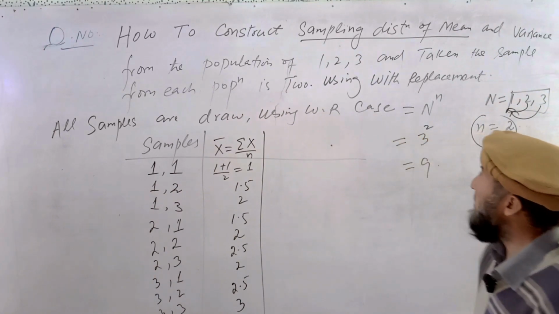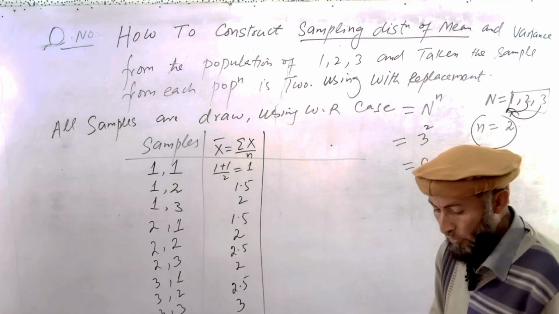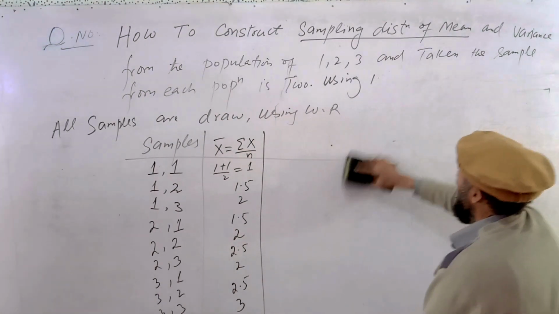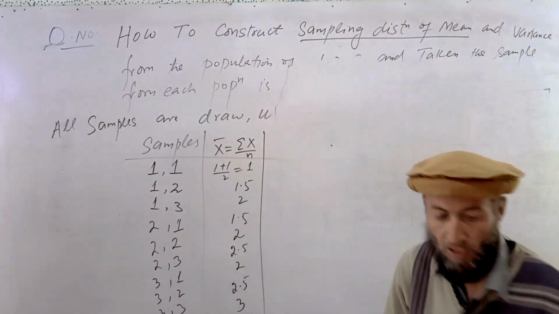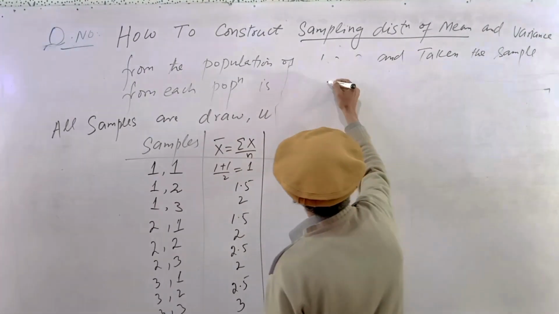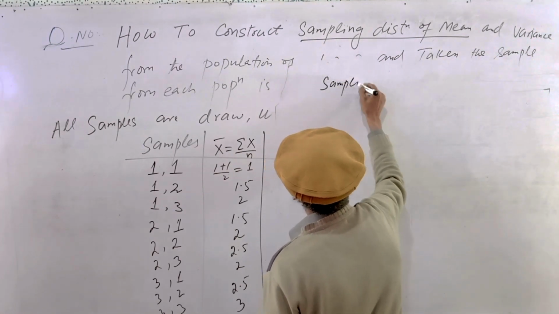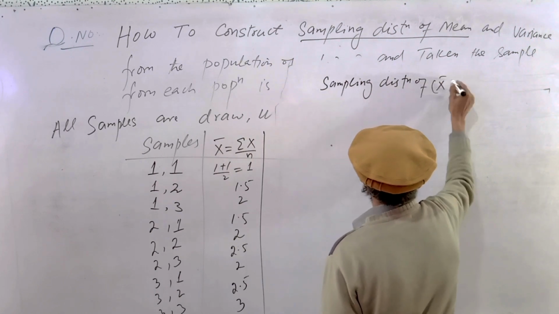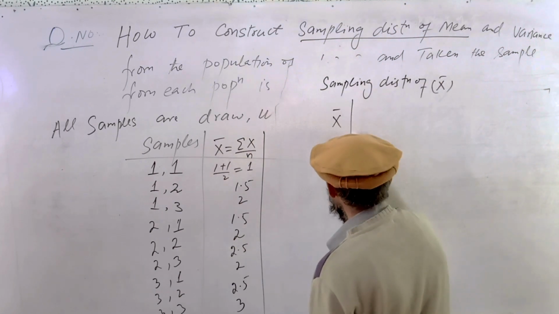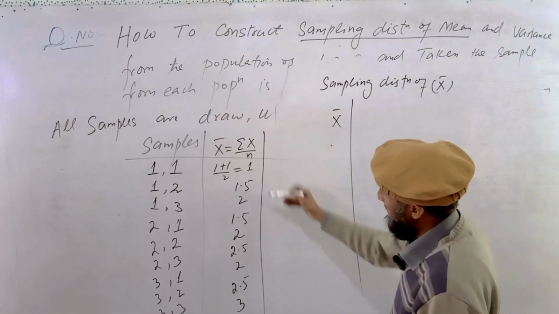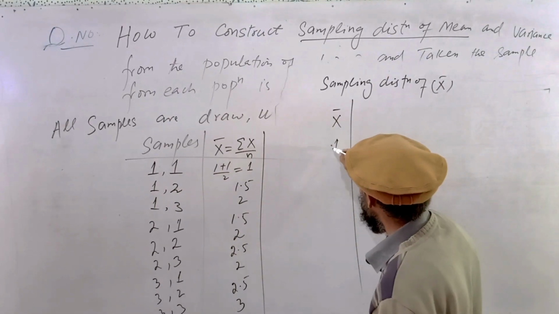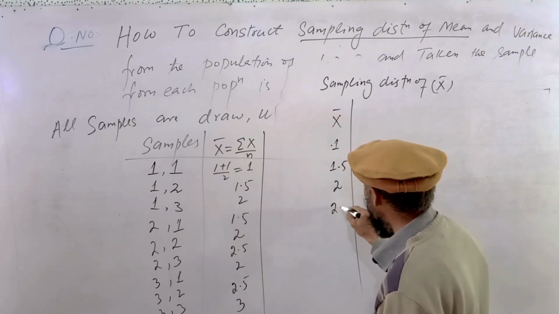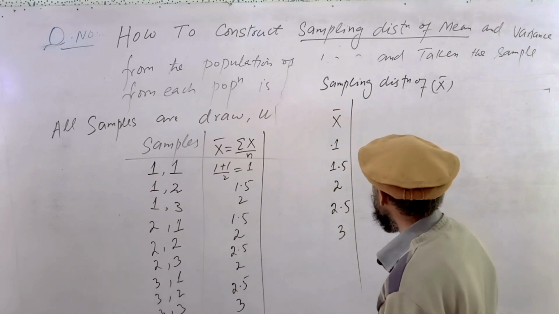Now we require the sampling distribution. Sampling distribution is also called a probability distribution. So now we construct the sampling distribution of x bar. First of all, we take x bar. The smallest value of x bar is 1, then 1.5, 2, 2.5, and 3.